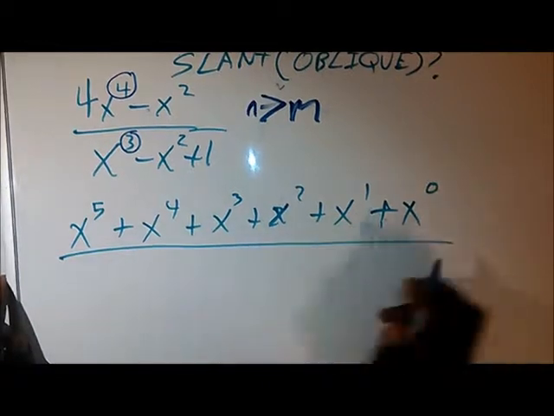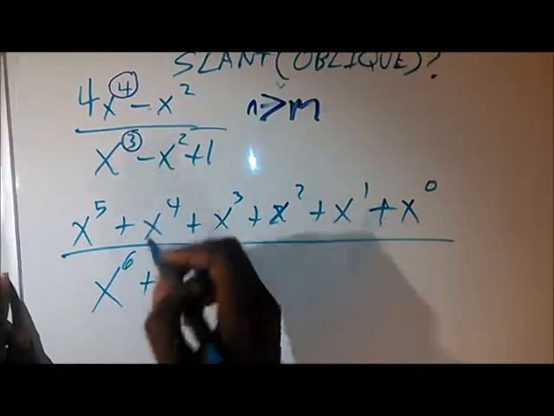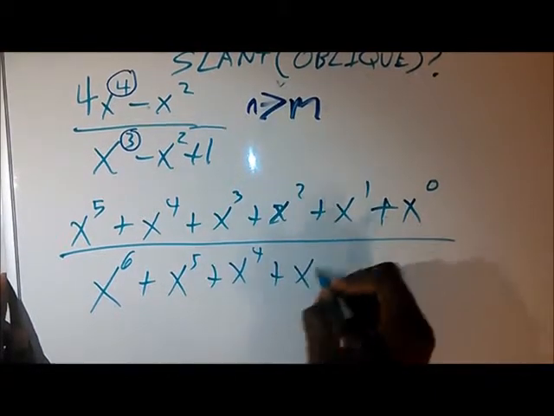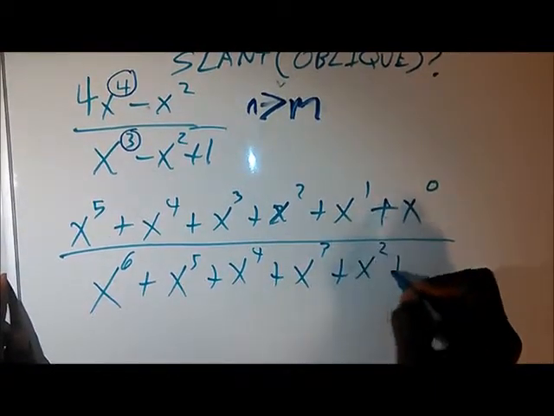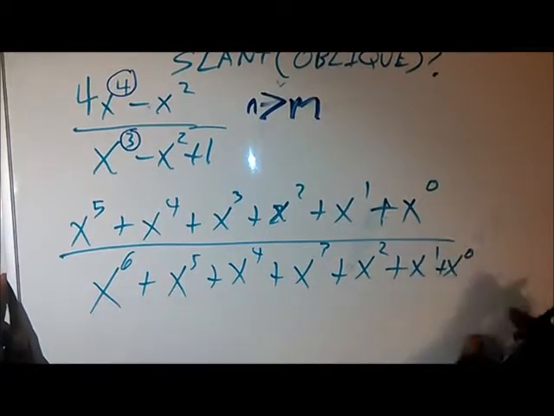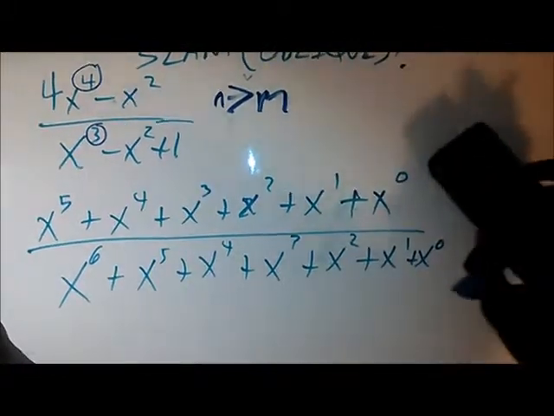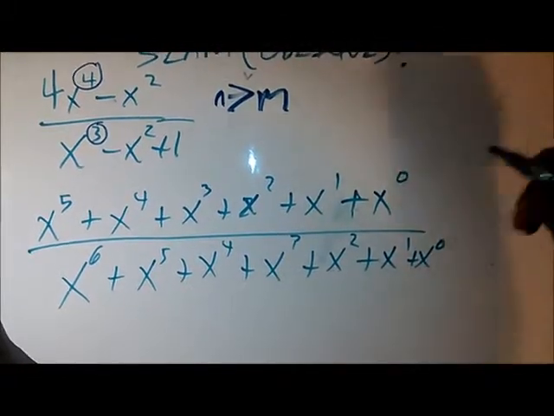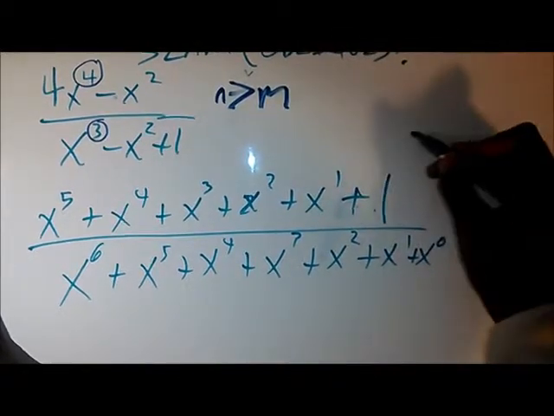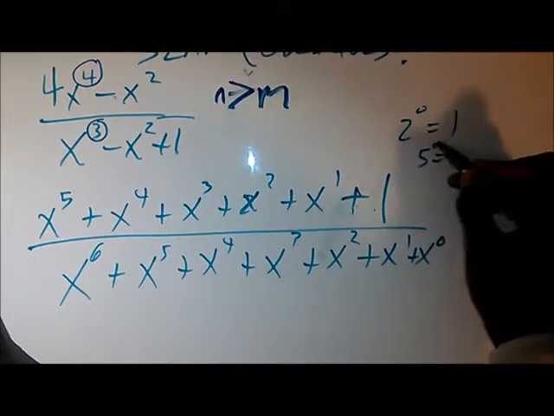Same thing with the numerator. It doesn't matter if it starts at 6; it goes 5, 4, 3, 2, 1, and x to the 0. The reason I left the 0 up here is because anything to the 0 power is 1. 2 to the 0 power is 1, 5 to the 0 power is 1.